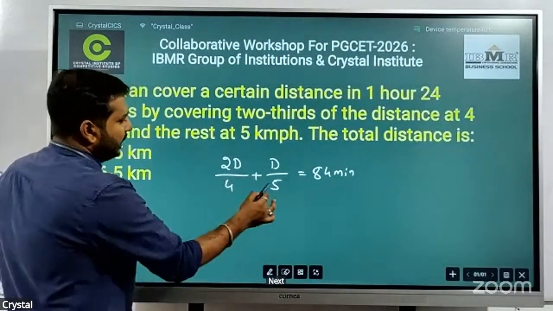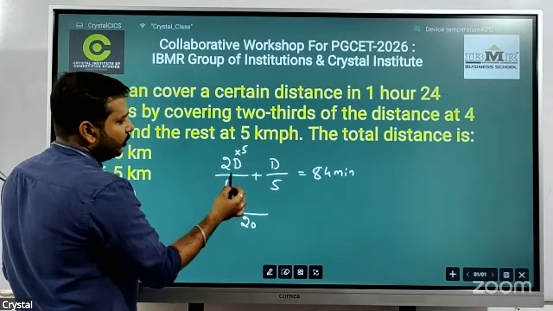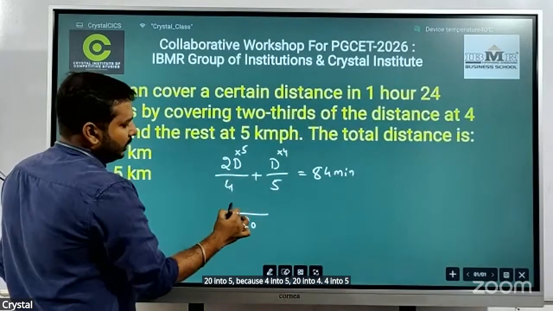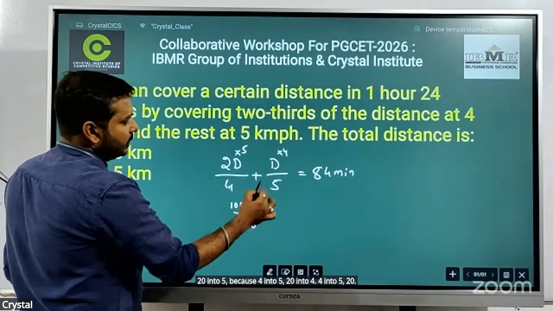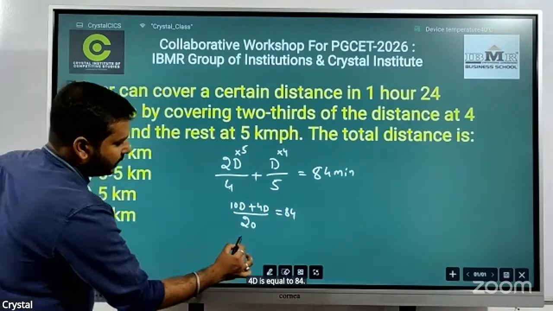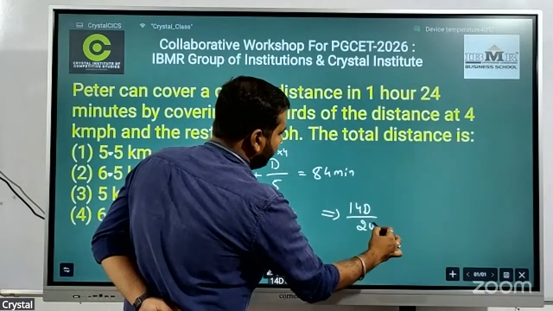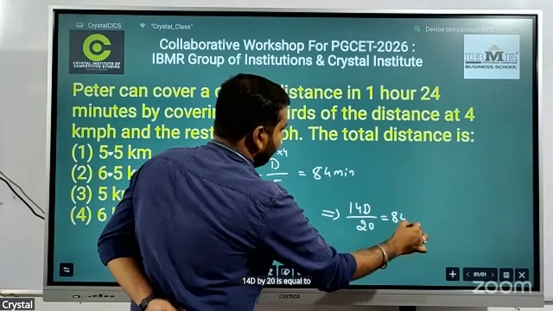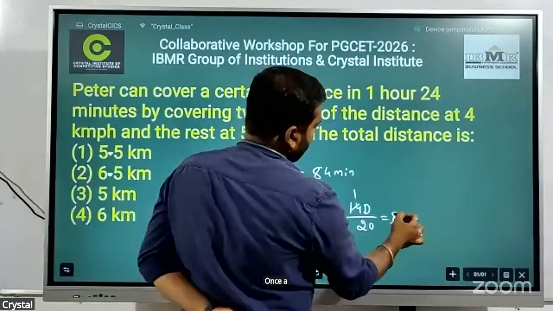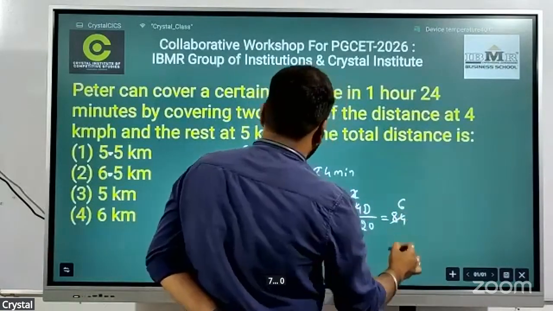Next, by taking the LCM of this: 20, 4 into 5 is 20. 10d plus 4d is equal to 84. 10d plus 4d is 14d by 20 is equal to 84.